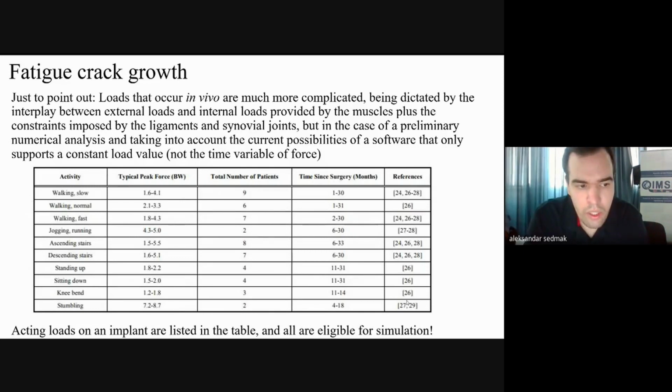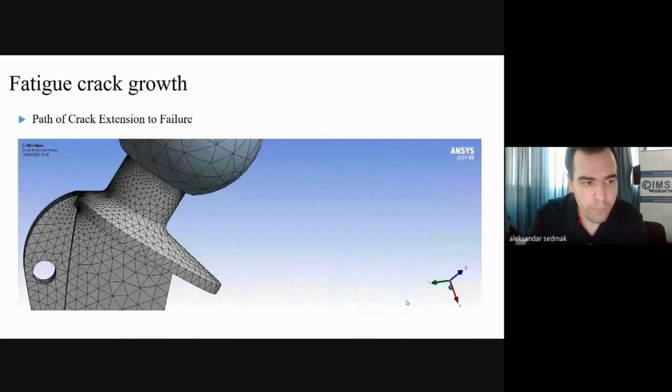So usually we are taking the values from the first 3 rows, the type of walking in a slow, normal, and fast manner. It is not that usual to jog every day during the whole day. So for the analysis, we just use the walking cycle.